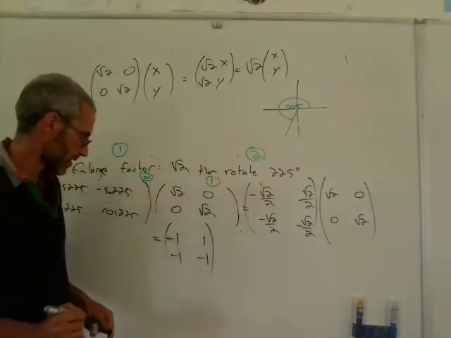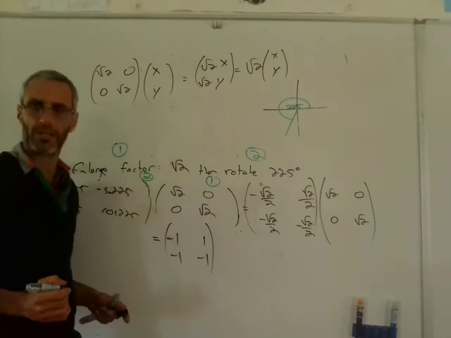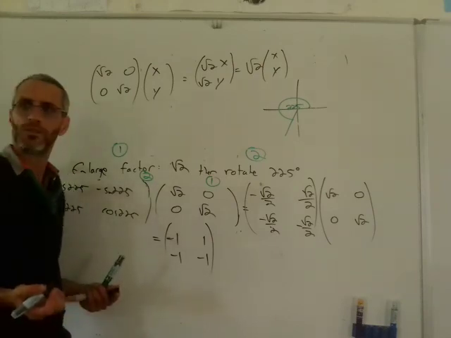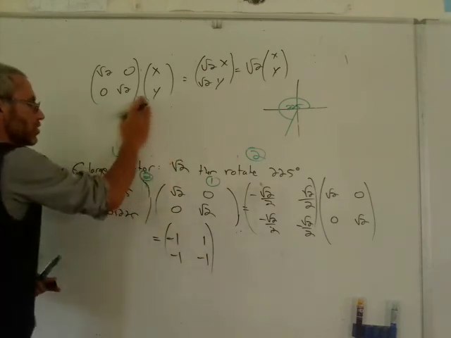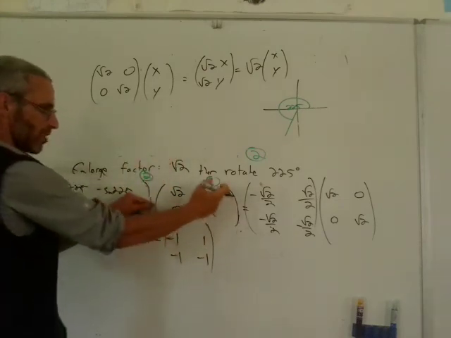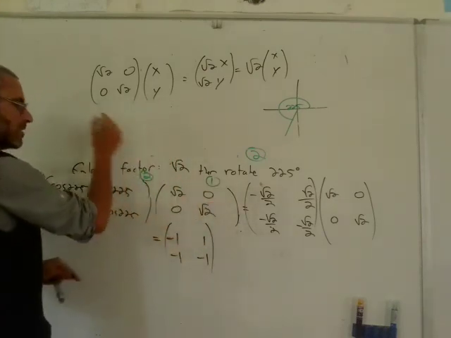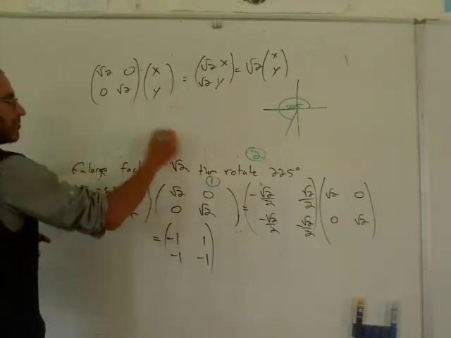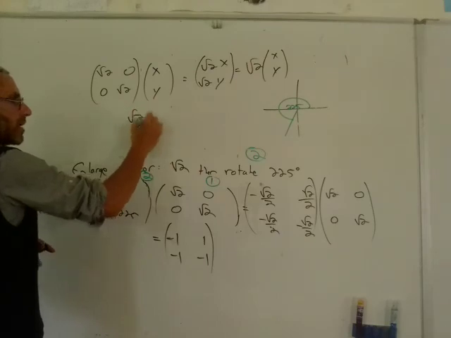Let me just check. That's what I got also at home. Hopefully I'm not making a mistake. Okay, so that's the matrix. Just for what you mentioned, Olivia, instead of writing this identity matrix, you could have just written square root 2, multiplying by the scalar.